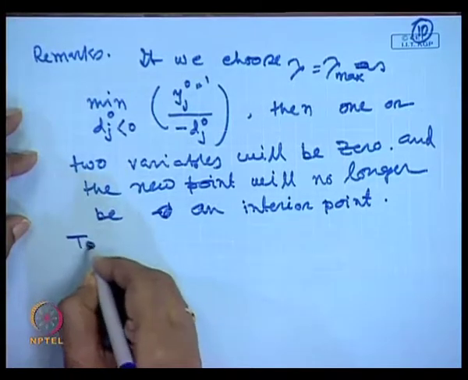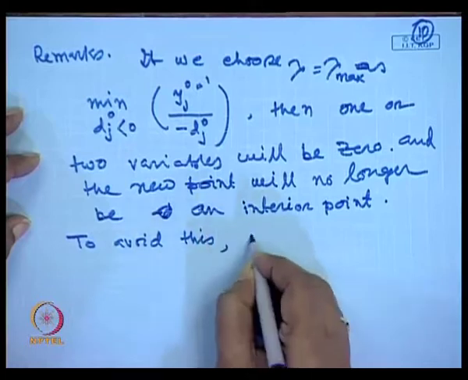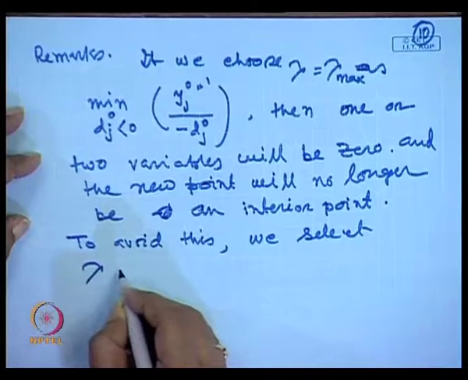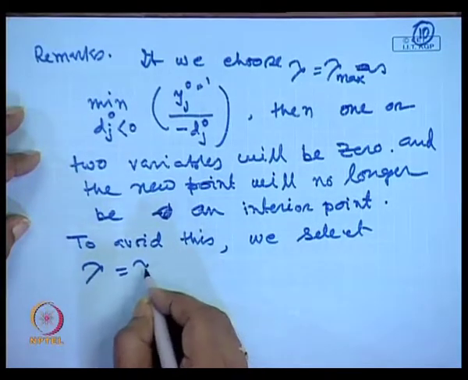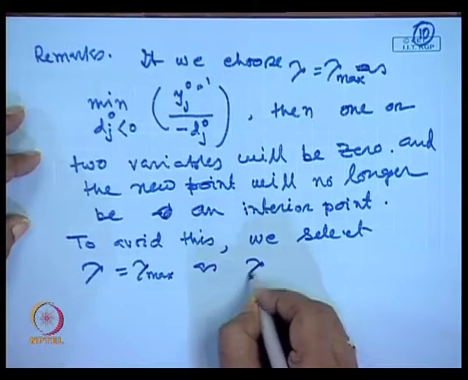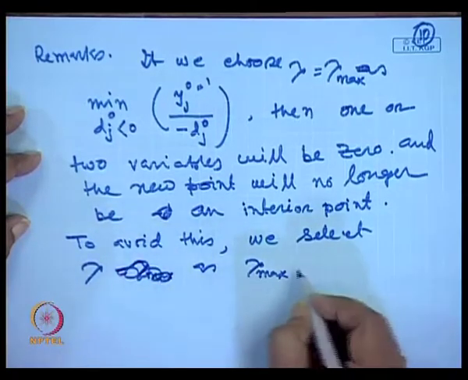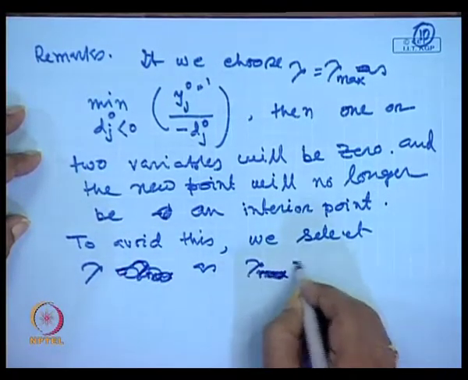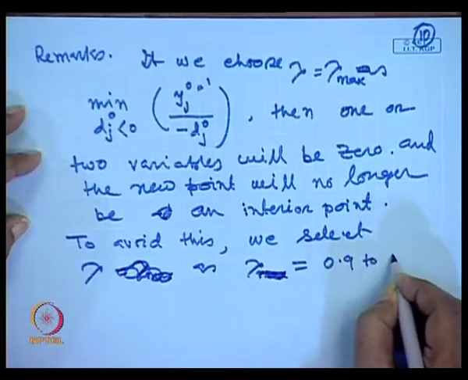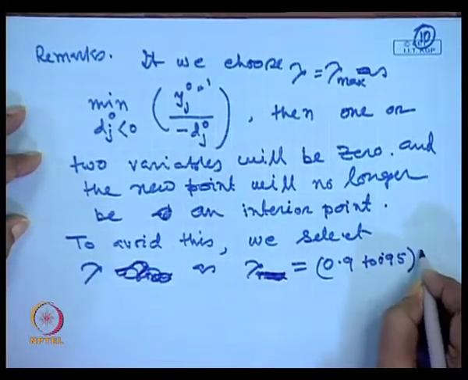So, to avoid that, we select lambda equal to 0.9295 multiplied by lambda max.